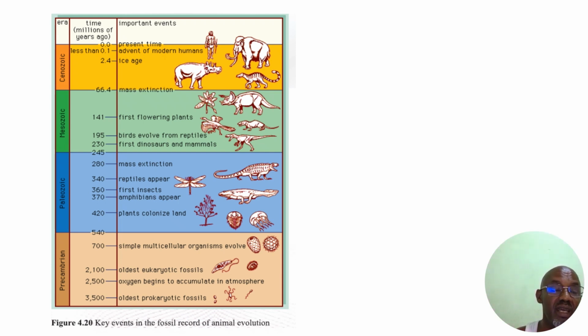For example, in the Precambrian era, of course, invertebrates here. At the Paleozoic era, you have reptiles, insects, and some simple plants. In the Mesozoic era, there are larger animals, including dinosaurs, of course, as you observe there.